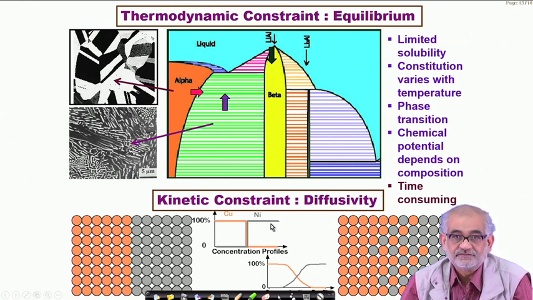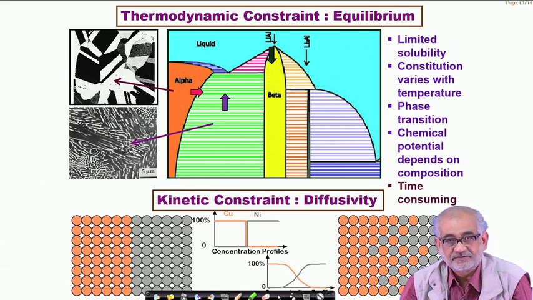There's another constraint we have to worry about when we talk of obtaining solids of our desired shape and size, and that's the kinetic constraint based on the rate at which the species move or transport in the solid, or maybe even in the liquid, typically explained in terms of the diffusion coefficient or diffusivity.